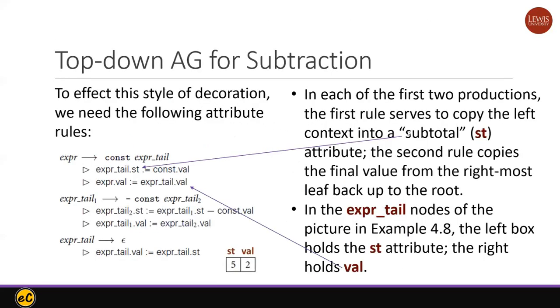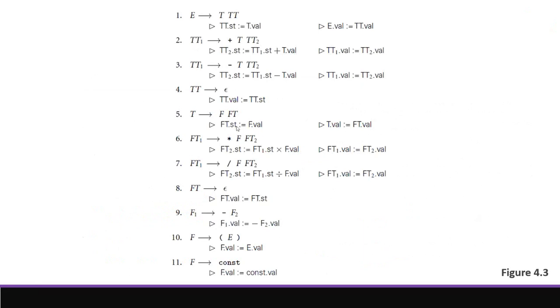So basically, there are two types of attribute, and the ST is called subtotal. When you write your attribute grammar, you can write it in S attribute or L attribute, and it's up to you. So here we describe the expression now in L attribute type.